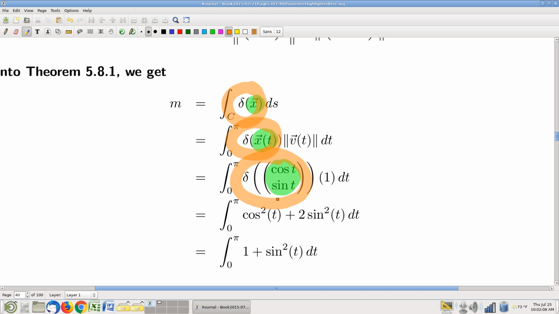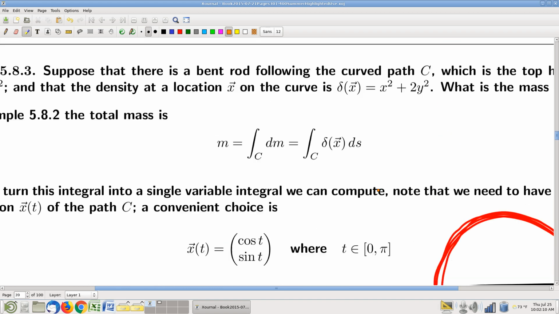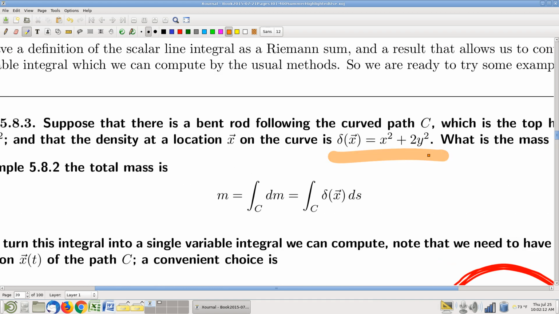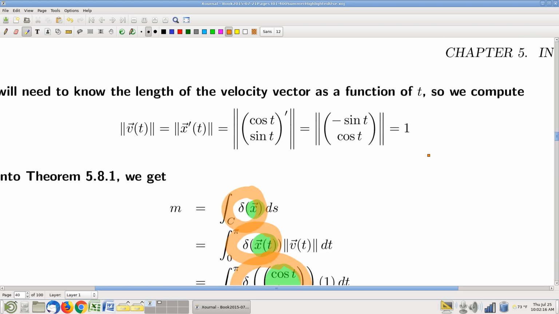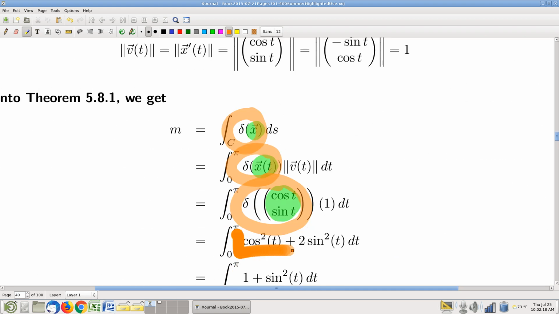Well, let's find that formula. The density was given as, here it is, x squared plus 2y squared. So x squared plus 2y squared is this. So there I've pulled back the original integrand through the parameterization.